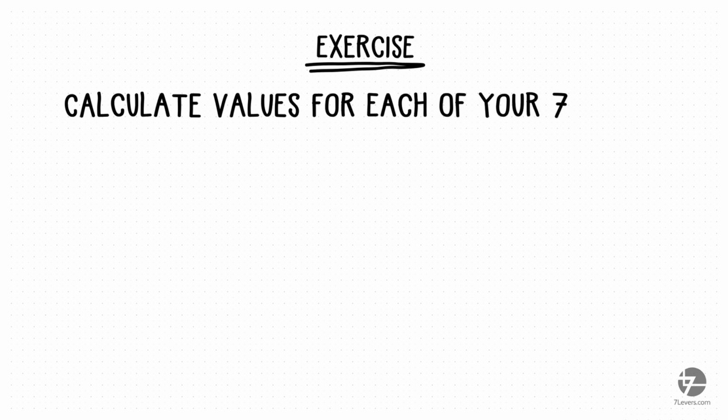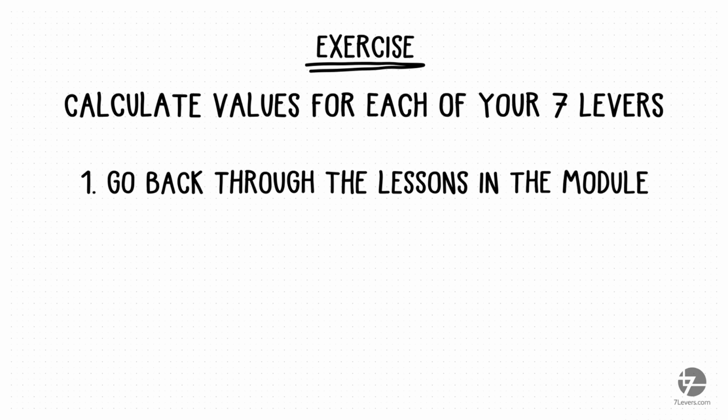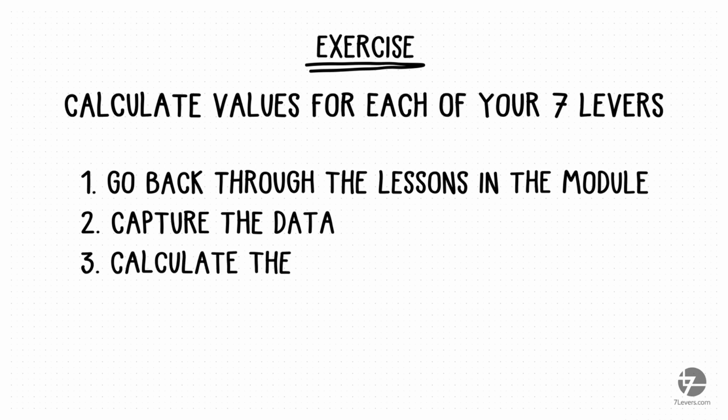Your exercise for this module is to calculate values for each of the 7 levers in your business. To do this, go back through the lessons in the module, look at the data you need to capture, capture that data and action the calculation itself, and capture the final number.